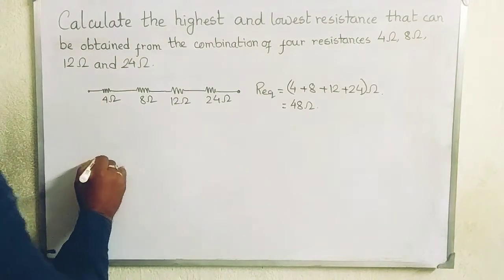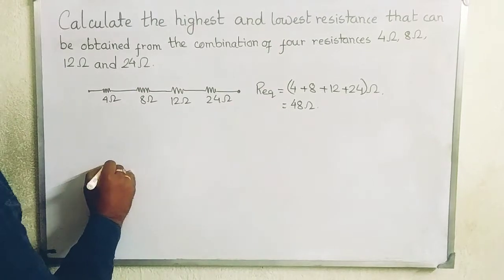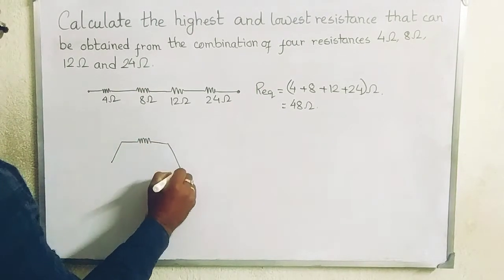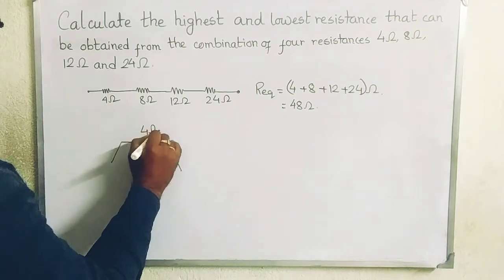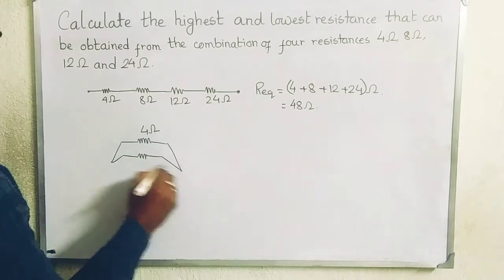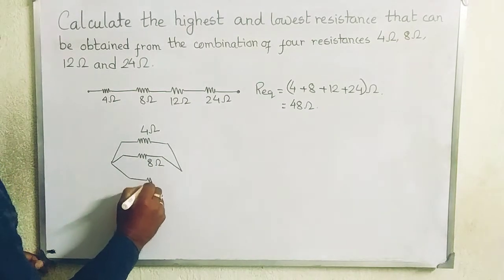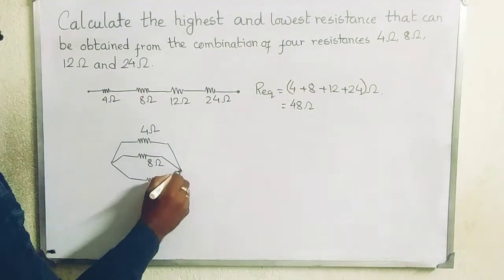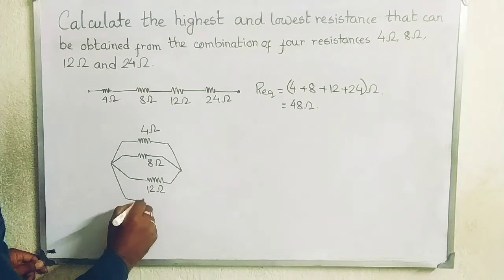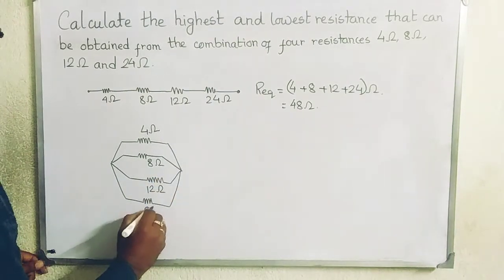And if I connect these 4 resistances in parallel combination, just like this, 4 ohm, 8 ohm, 12 ohm, and the last one is 24 ohm.